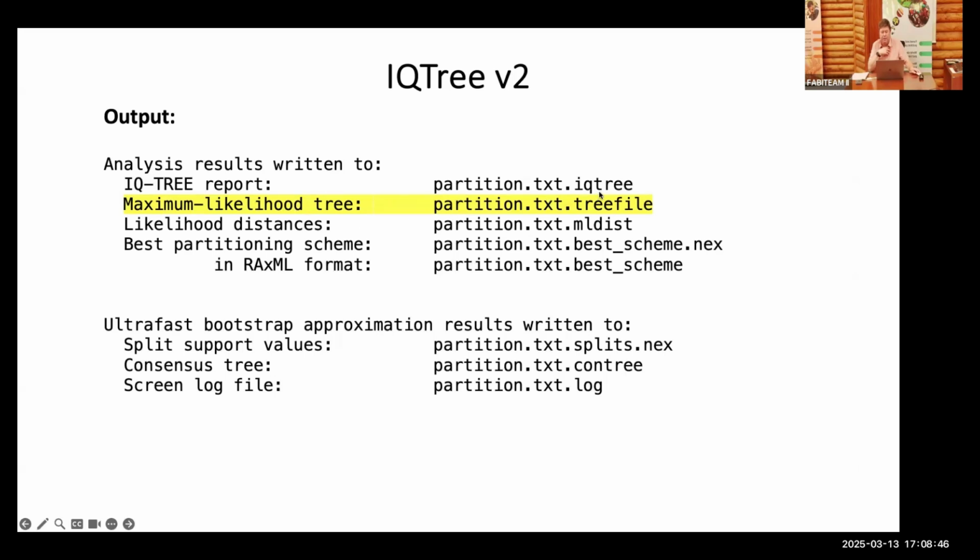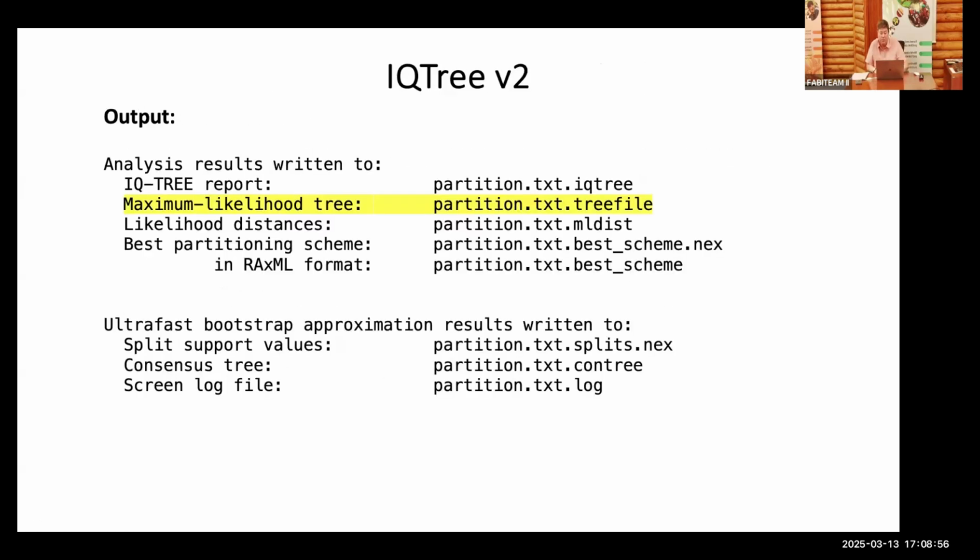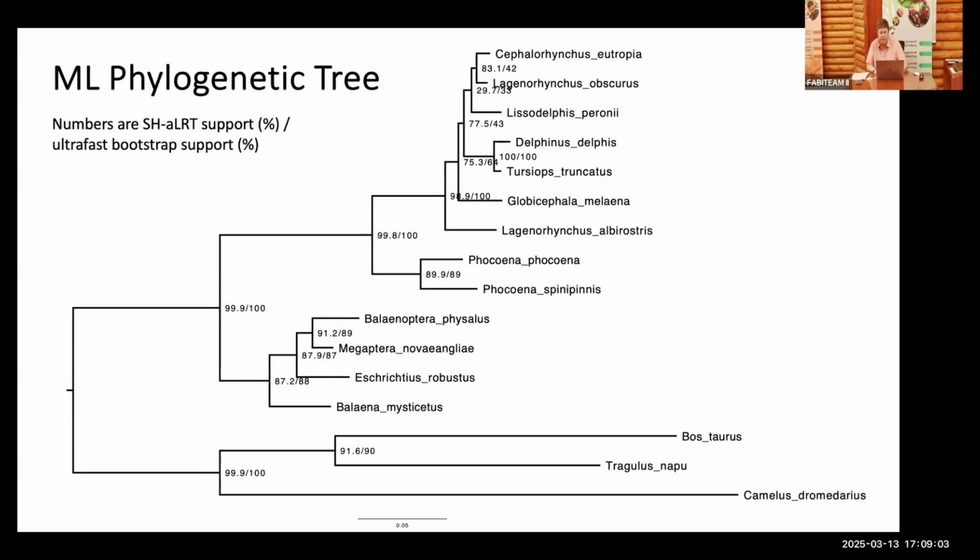The maximum likelihood tree is the one with the tree file as an extension. The rest are all kinds of files with information that you might want to use. But in most cases, you want the tree file with the support values.